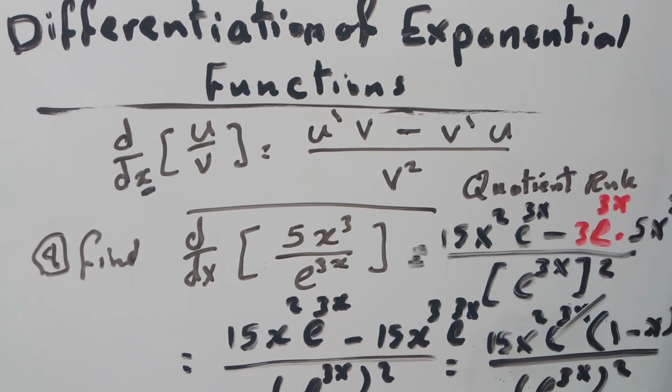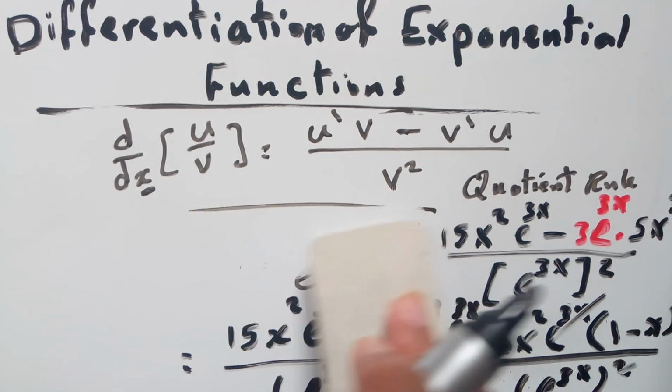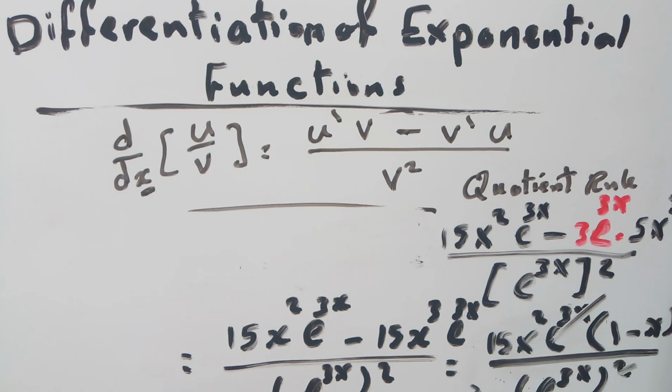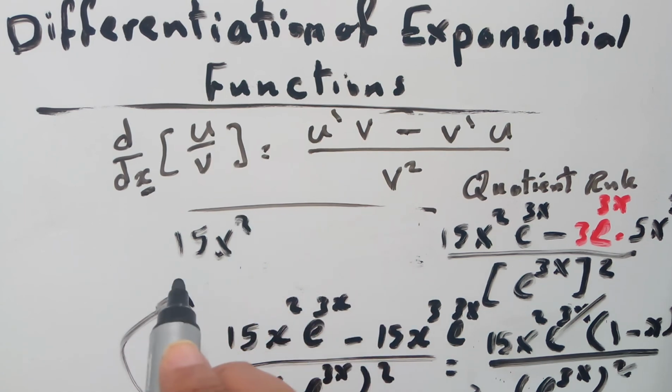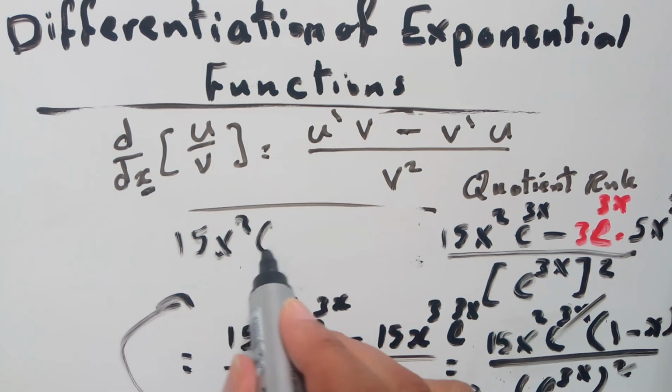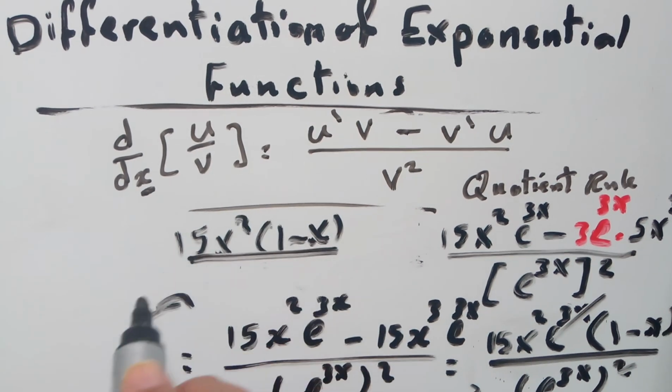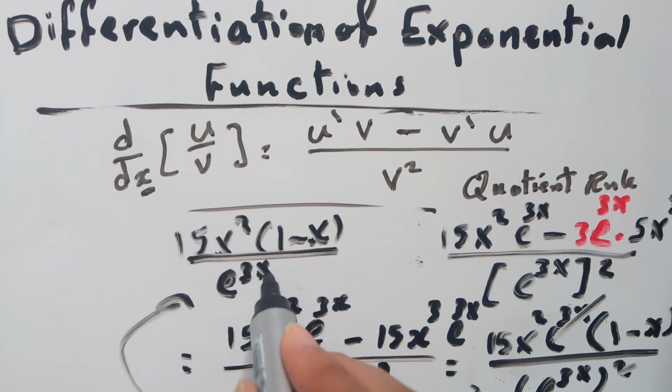You can cancel e to the power 3x with 1 on the denominator here. You will get 15 x to the power 2 multiplied by 1 minus x divided by e to the power 3x only.